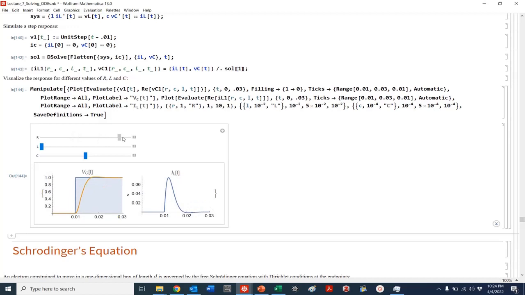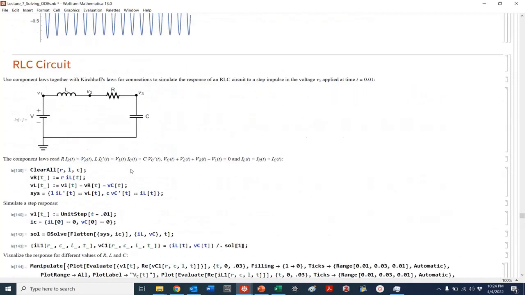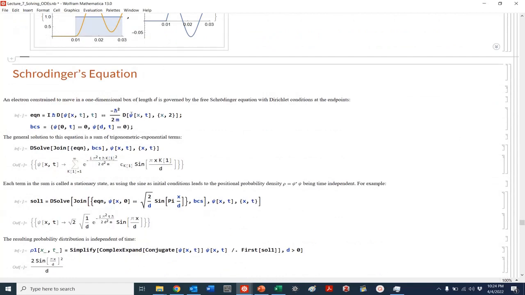As you change that resistance, you can see the change in the response. If you have low resistance, change that inductance, capacitance. It's an interesting and fun way to practice circuits.